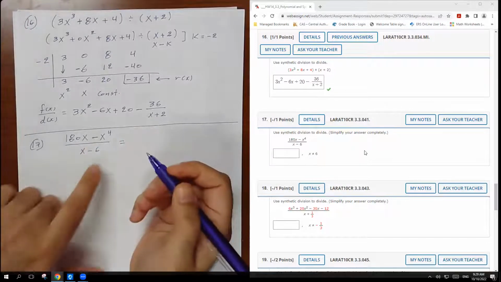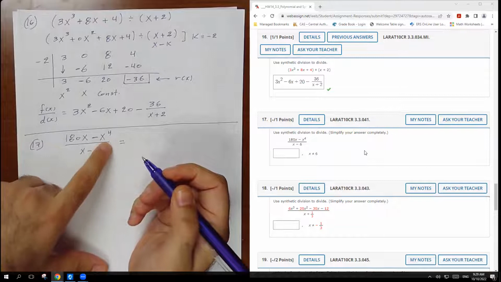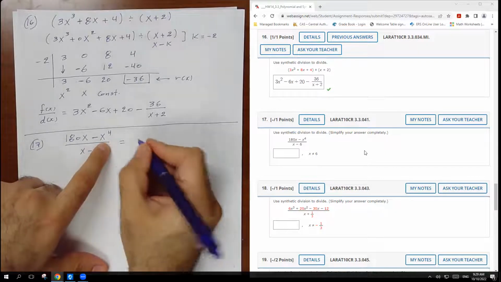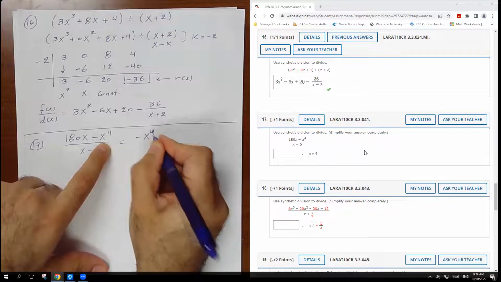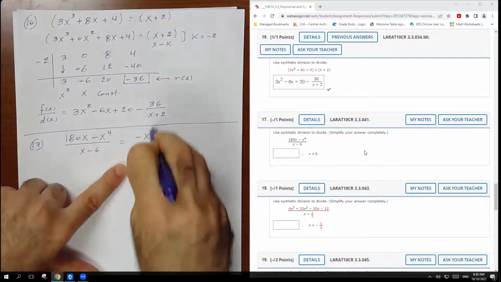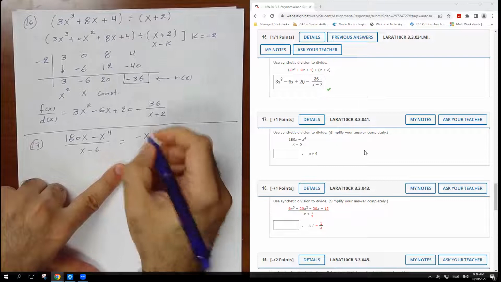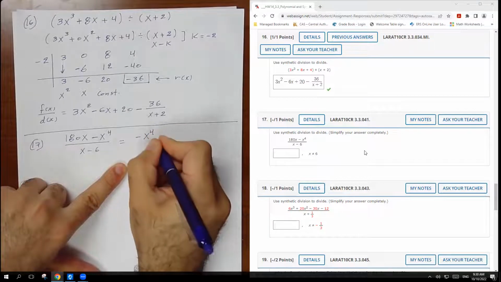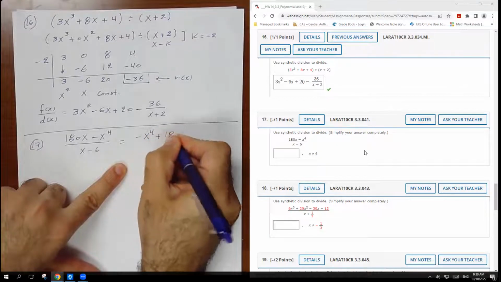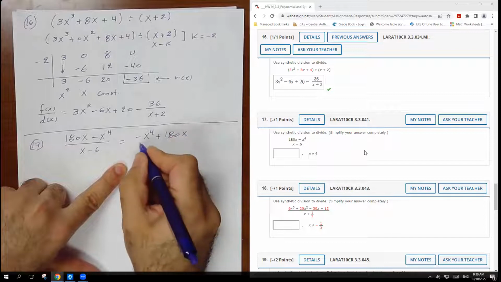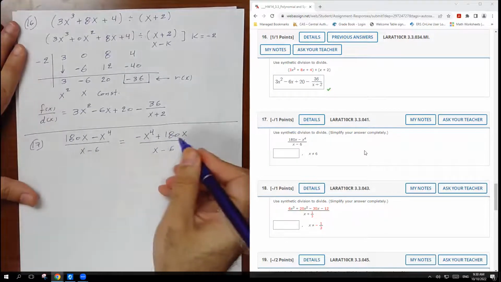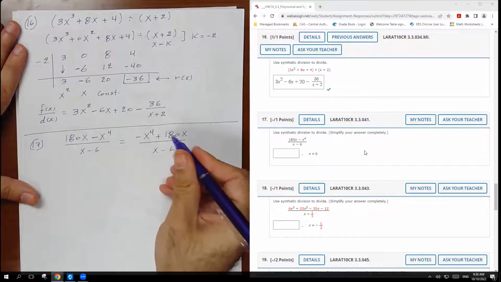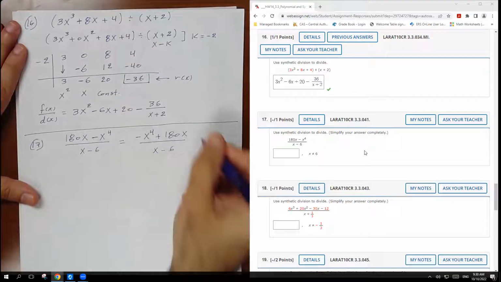So the first thing, I'm missing a lot of terms and I need to write this down first. So negative x to the power 4 plus 180x, and divide by x minus 6. I'm missing the cube, the square, and the constant.